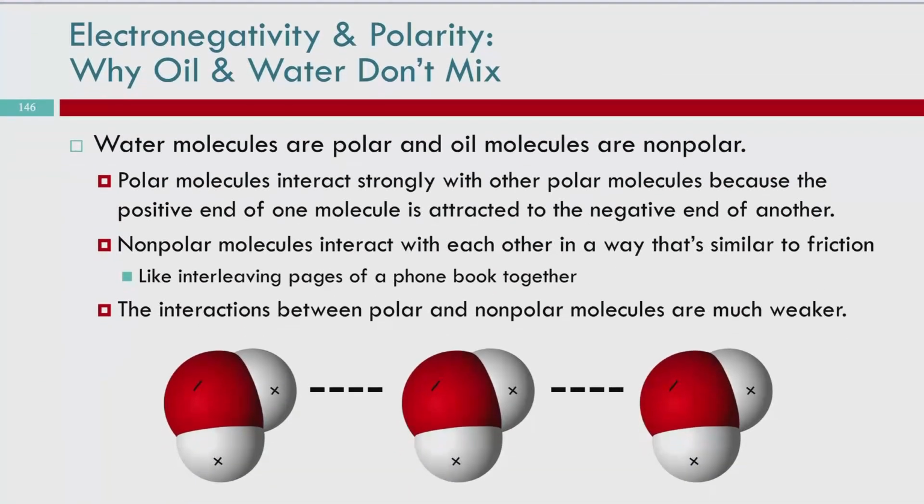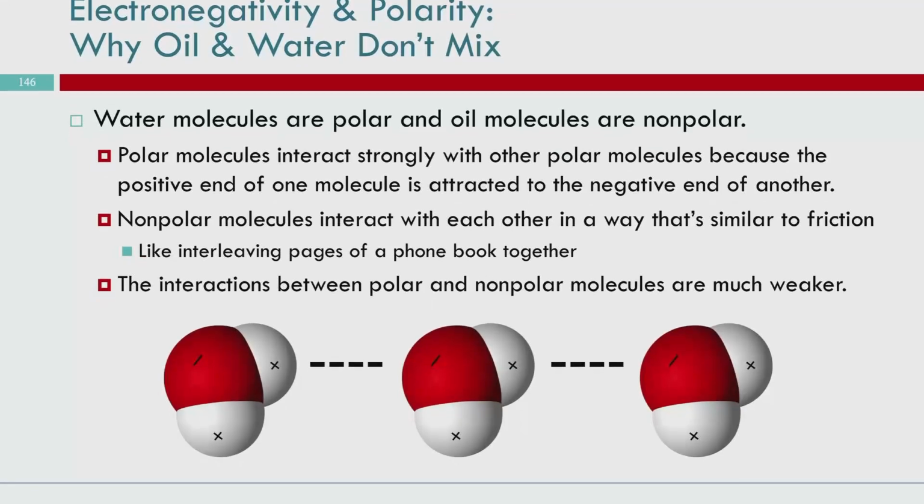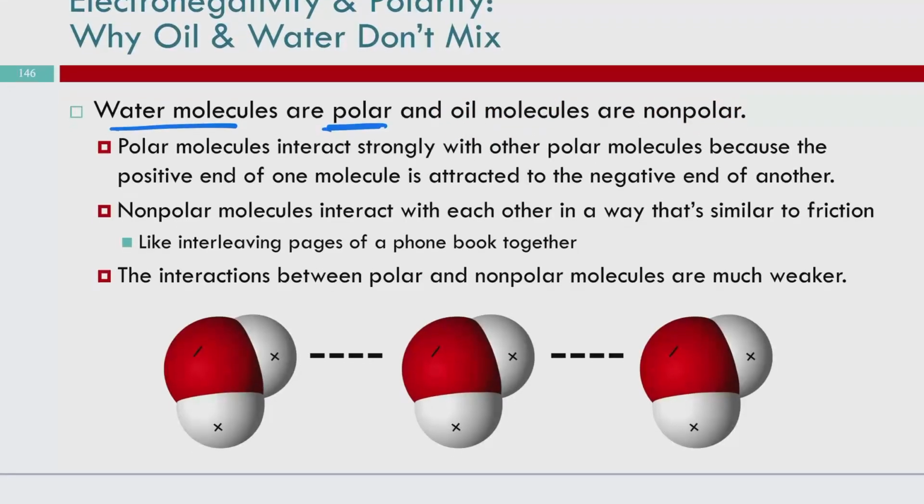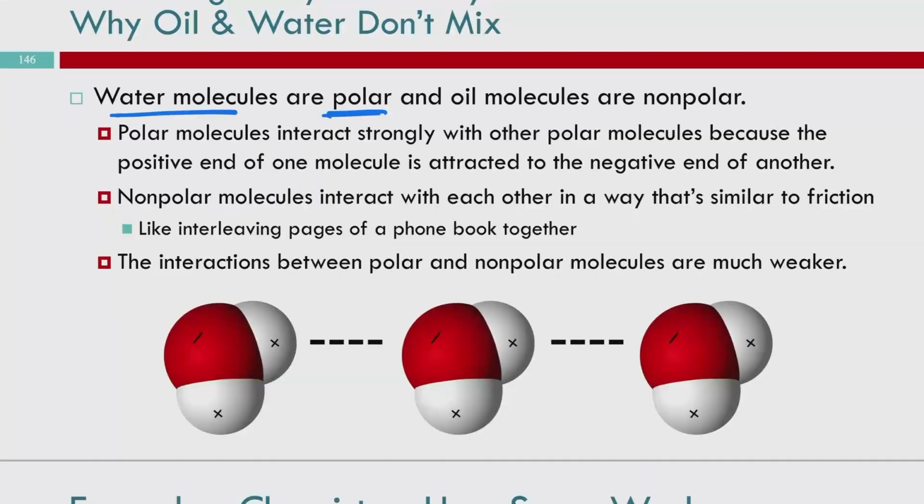So electronegativity and polarity both play into why water molecules and oil molecules don't get along. Water molecules are polar, somewhat famously so. They're very polar. Oil molecules are nonpolar. And so the reason that oil and water don't mix is that because water is polar, these partial positive and partial negative ends in the water sort of stack up.